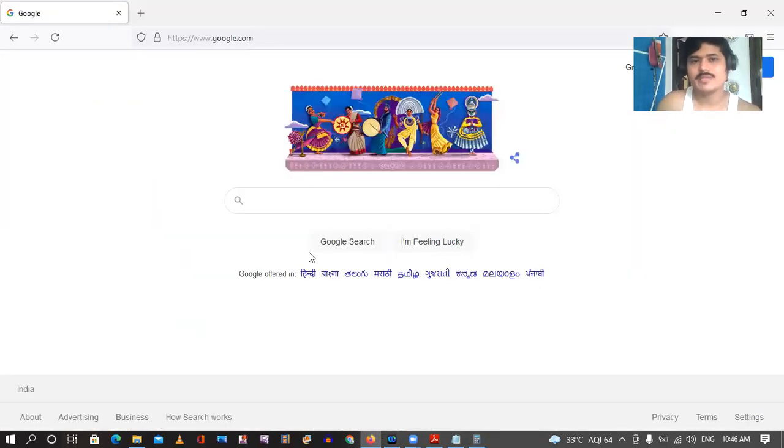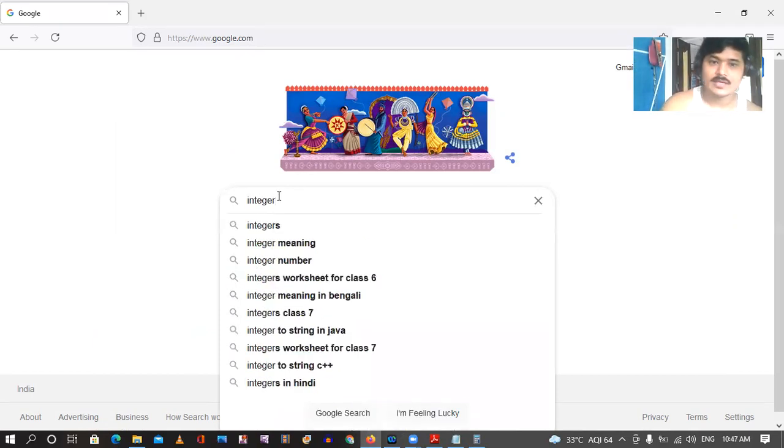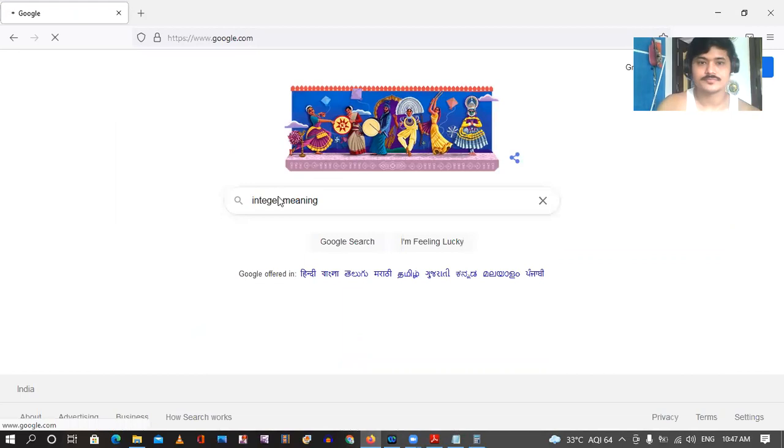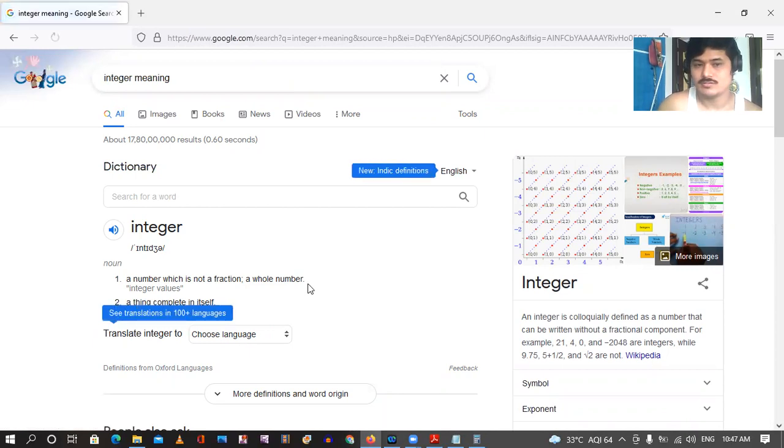Now you might be a little confused, like what is the difference between integer, whole number, fraction? These are very basic things. A number which is not a fraction, a whole number, this is called an integer.